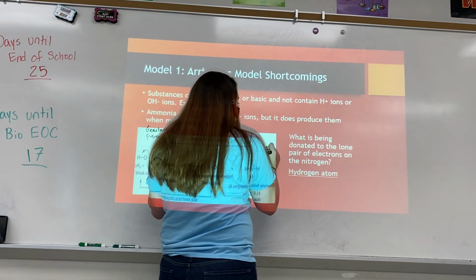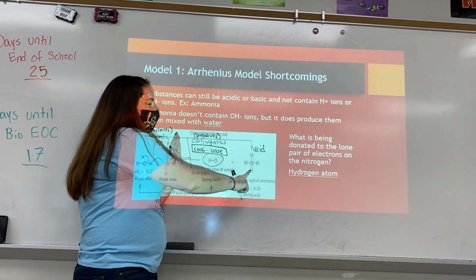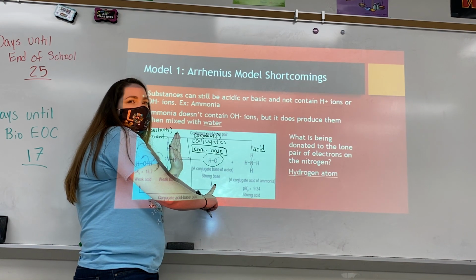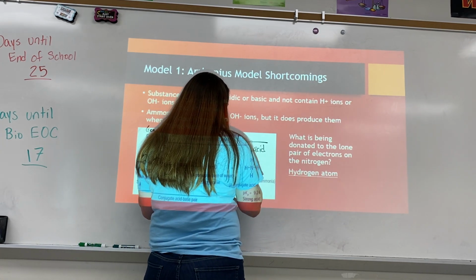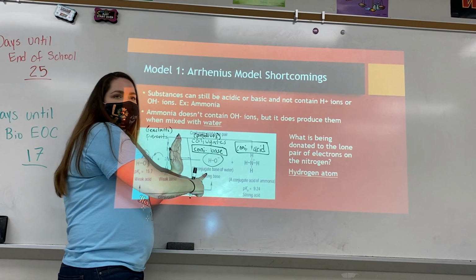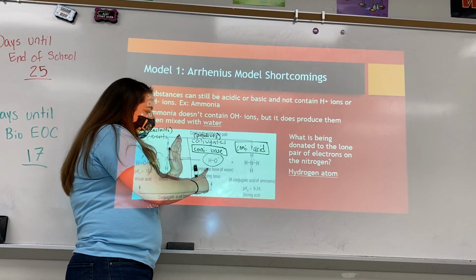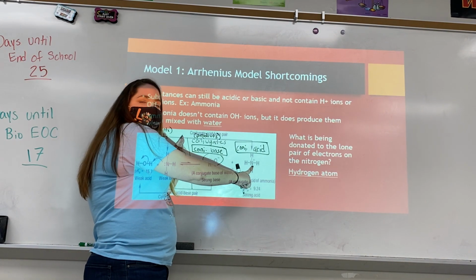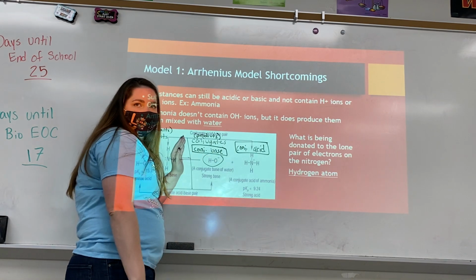One has to be one thing, and one has to be the other. These are both products, so they both have to be conjugates. So this is your conjugate base because it is a hydroxide ion. If this is the base, then this has to be the acid, and because it's on the product side, it has to be a conjugate acid.